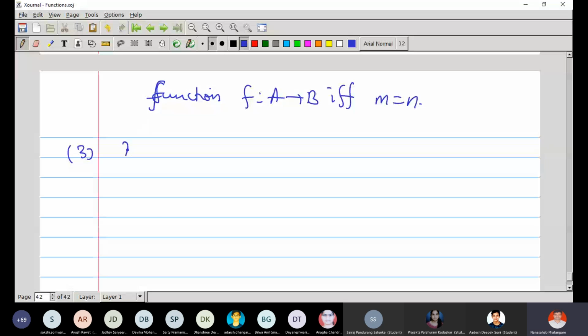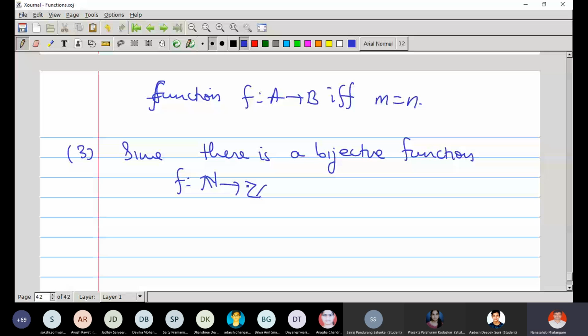So there is a bijective function f from natural numbers to integers. Is it true? There is a bijective function from natural numbers to integers. So what can I say from our previous discussion?